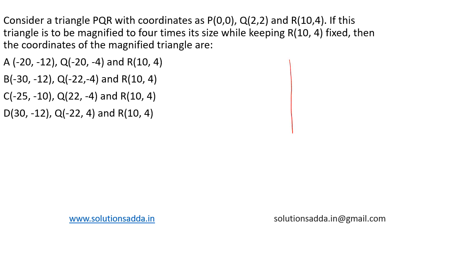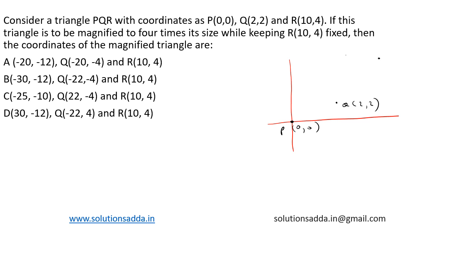So let's first draw the initial triangle. This is the basic coordinate system. Assume (0,0) here. So this is P. Then assume another point, that is Q. Here it is Q (2,2). Then assume another point here, somewhere around here.